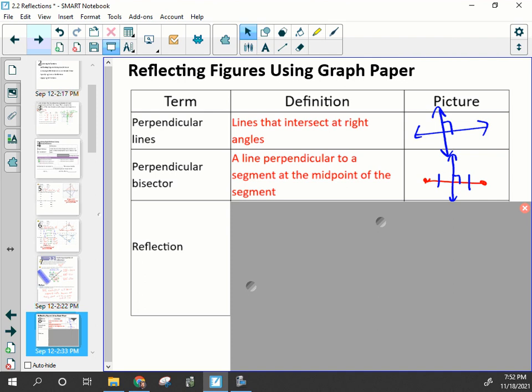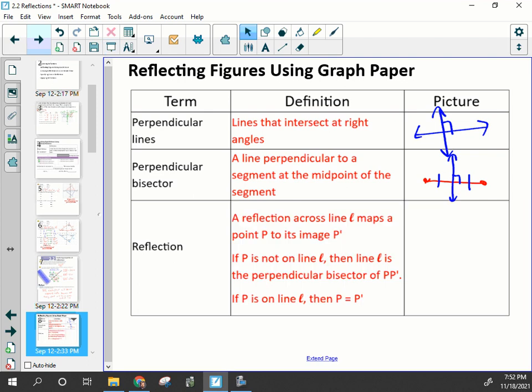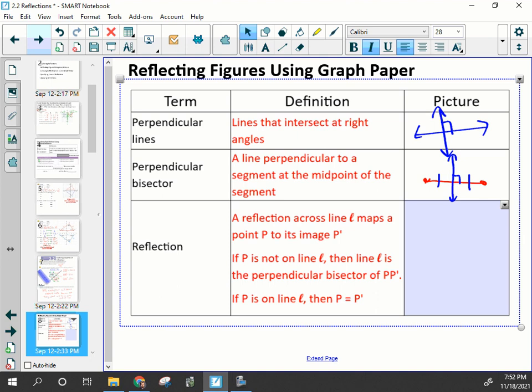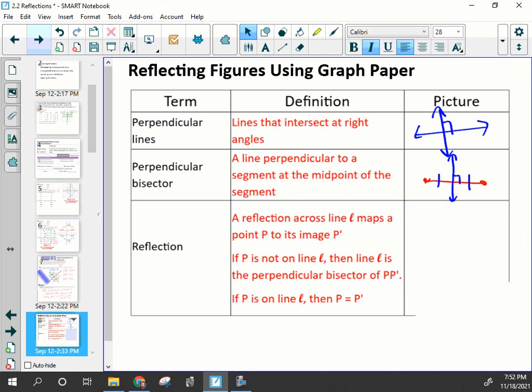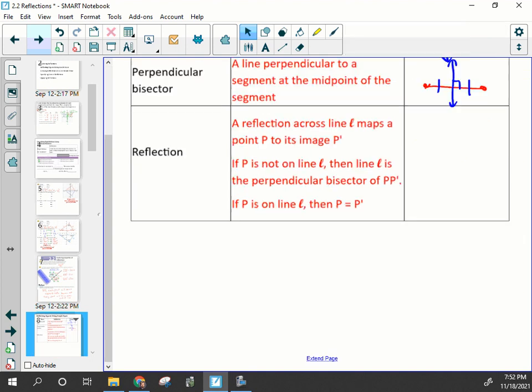And the line of reflection, as I pointed out earlier, is the perpendicular bisector of the segment that connects corresponding points. And lastly, our definition for a reflection says a line of reflection across line L will map a point P to its image P prime.